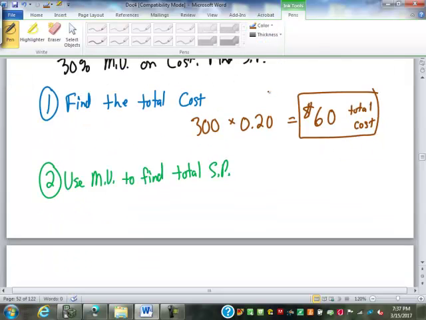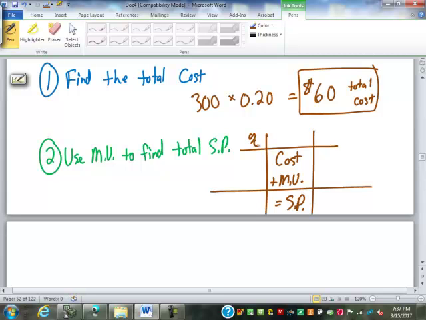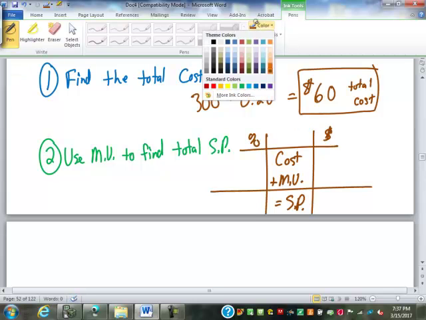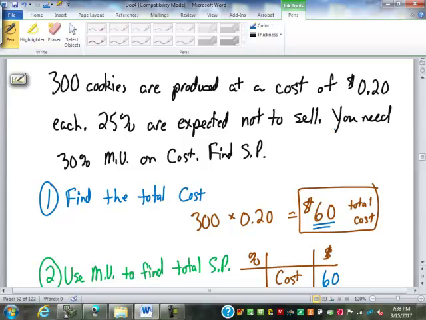So now we're back to our lovely table. Cost plus markup equals selling price. What's going in here now is not individual cost, but total cost. So the cost on the dollar side is $60. We said we needed a 30% markup on cost.